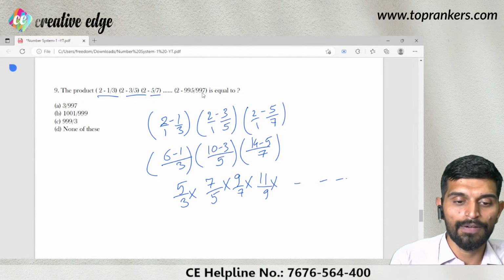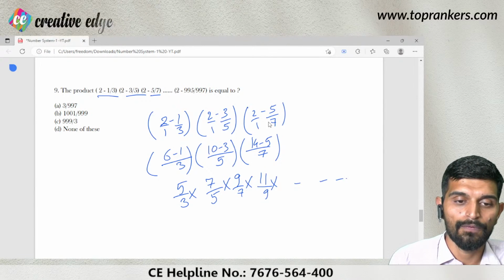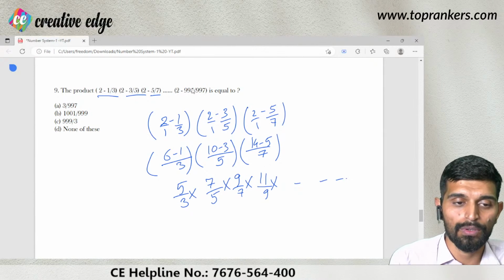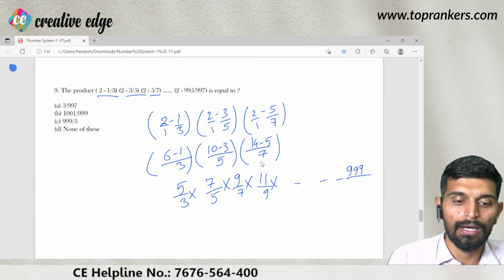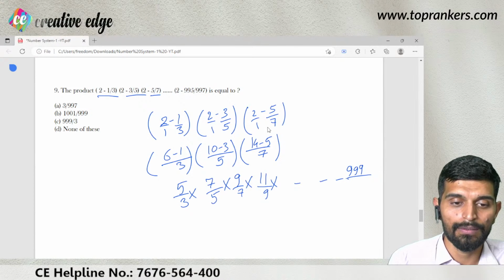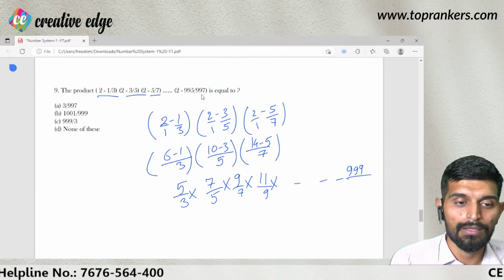So the numerator value is, this was 5, so plus 4, right? So next one was 7, so plus 4. So 995 plus 4, 999 upon 995. See here, this was 7, so this will be 997.